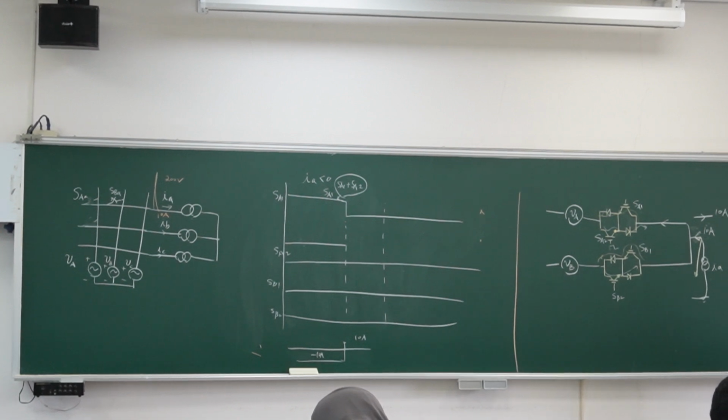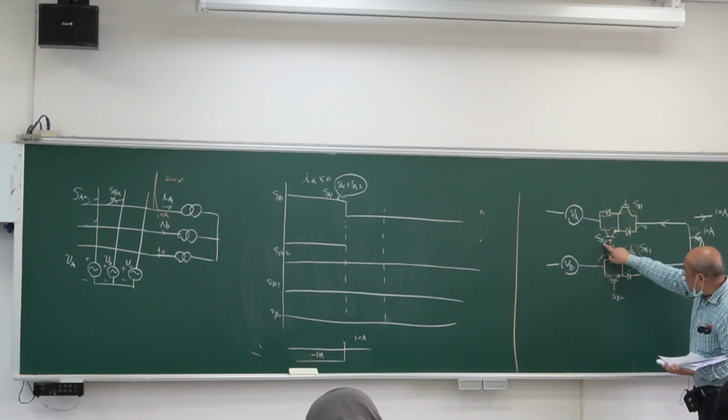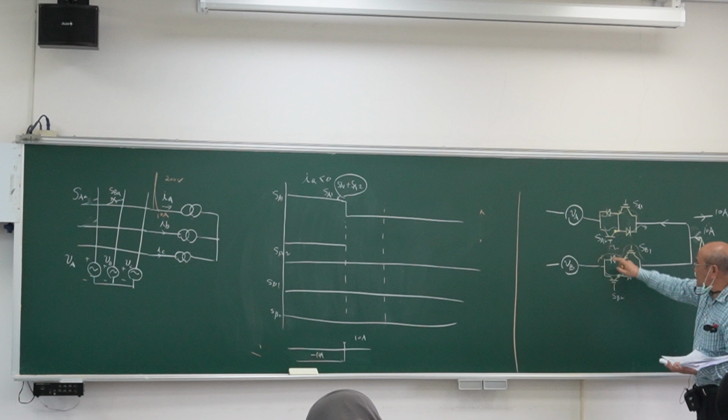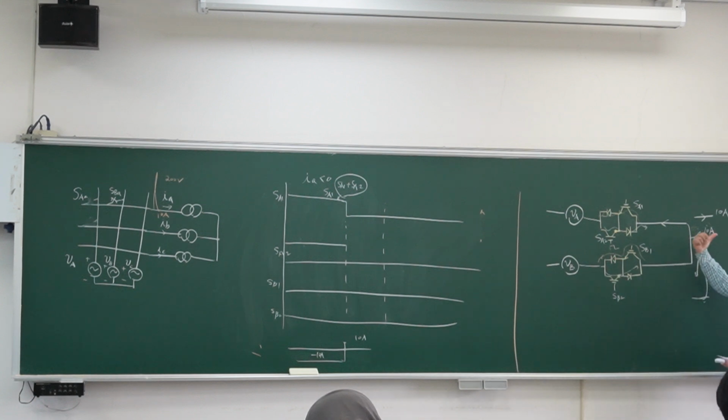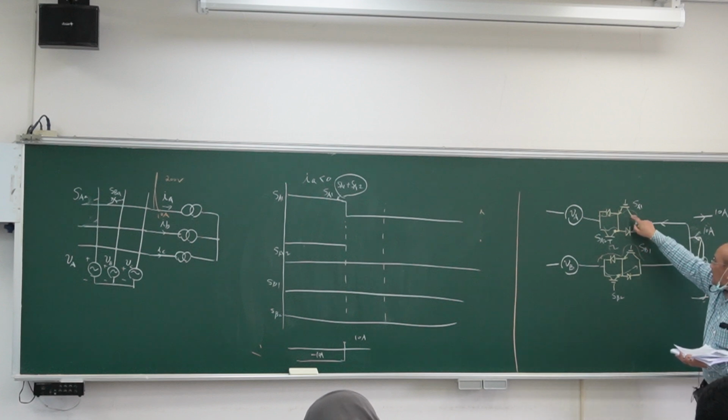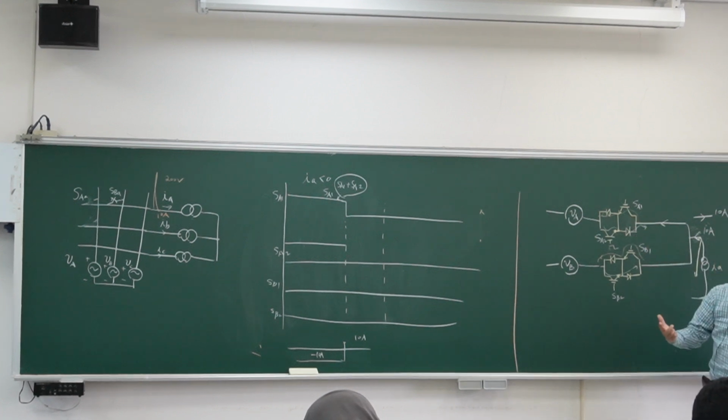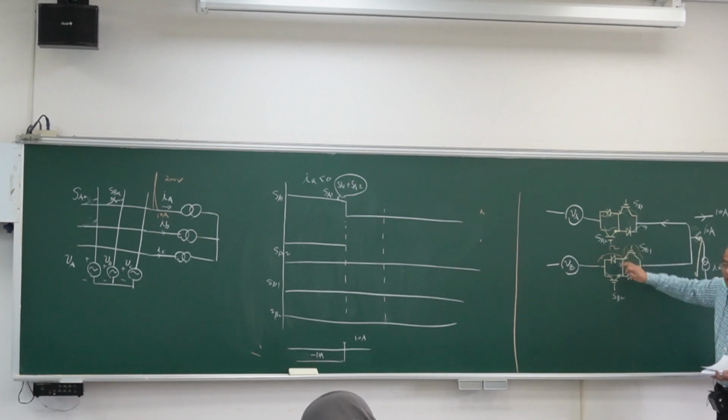If the current change to 10 ampere, should you turn on SA2 or shouldn't you turn on SA2? Because now current become positive. Then how about SA1? SA1 become useless, right? So you should turn on SA2.